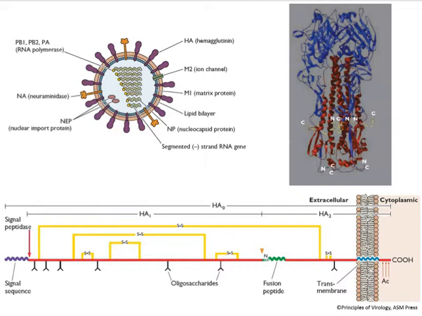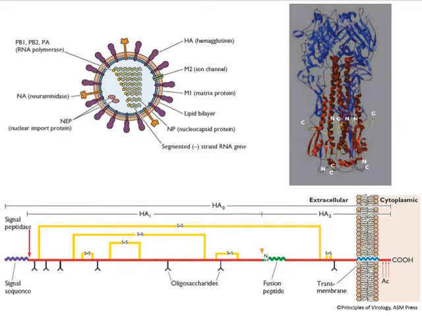But the most important thing I want to show you is the fusion peptide here, all the way down very close to the membrane. Remember, the fusion peptide is what will fuse the viral envelope with the endosome as the pH drops. This fusion peptide has to be exposed in order for that fusion to occur. And to do that, it has to be cleaved right there where the orange arrow is.